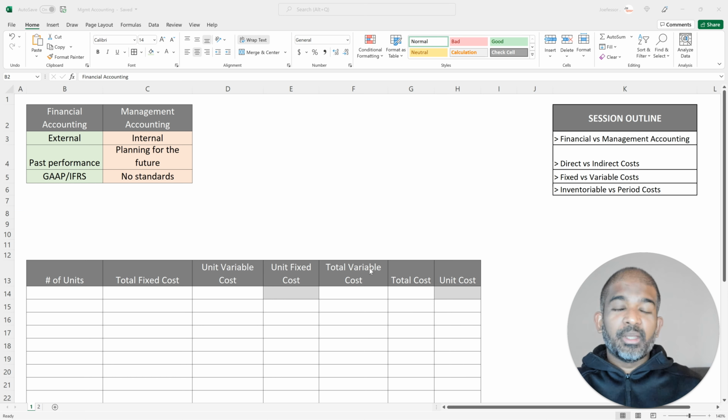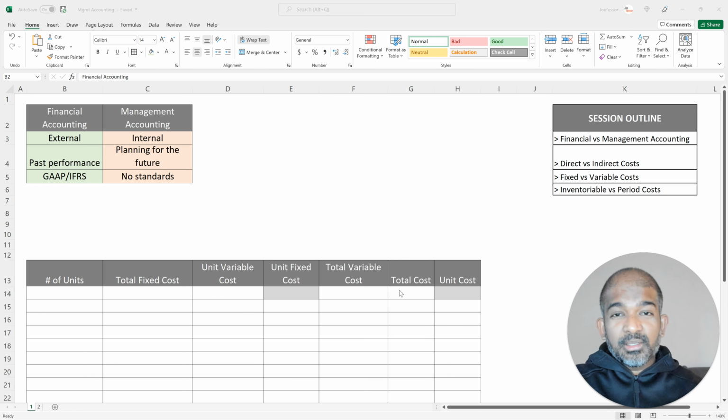Moving on, we are going to look at some of the basic terminology which will help you understand this course on management accounting better. First, we'll look at what direct and indirect costs are. Direct costs are costs that can be directly attributable to a particular product or a department. For example, material or labor costs that can be directly attributable to a particular product are considered direct costs to that product.